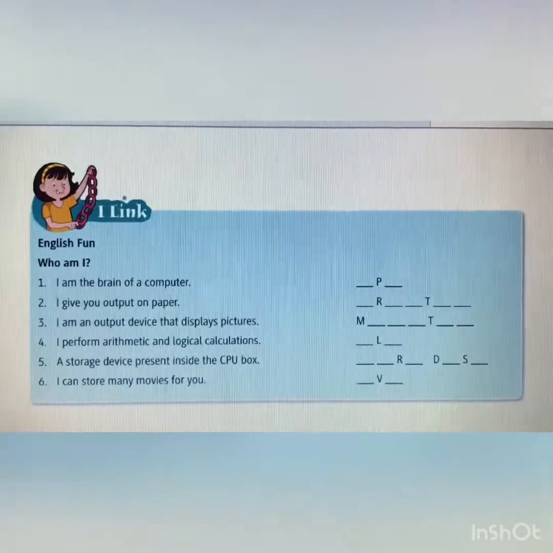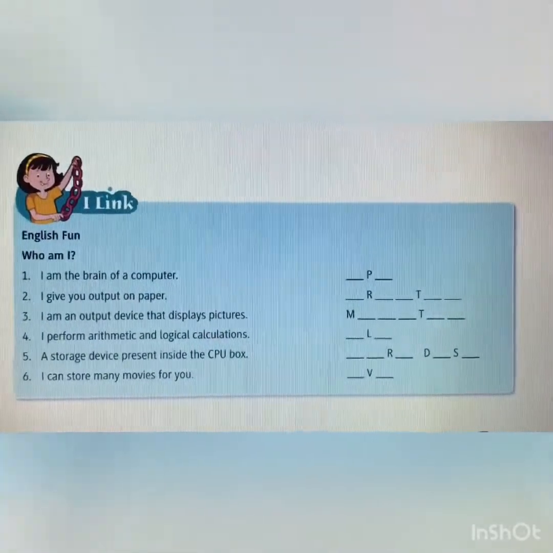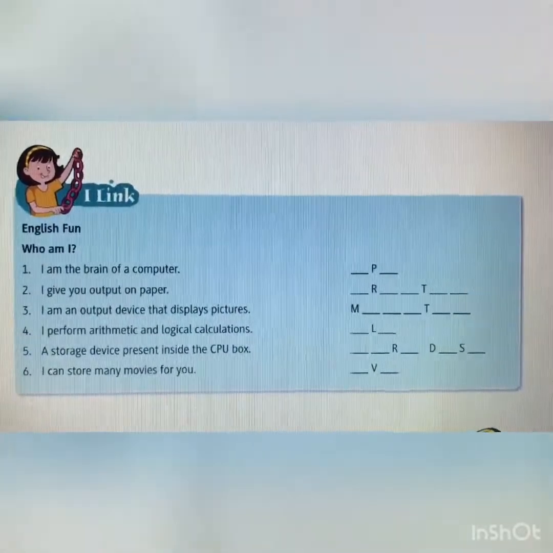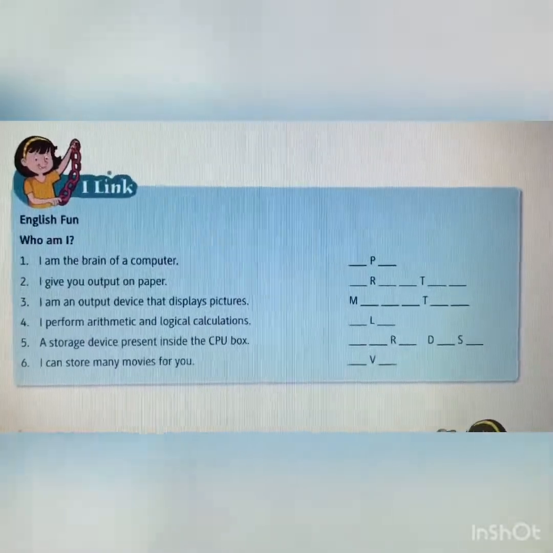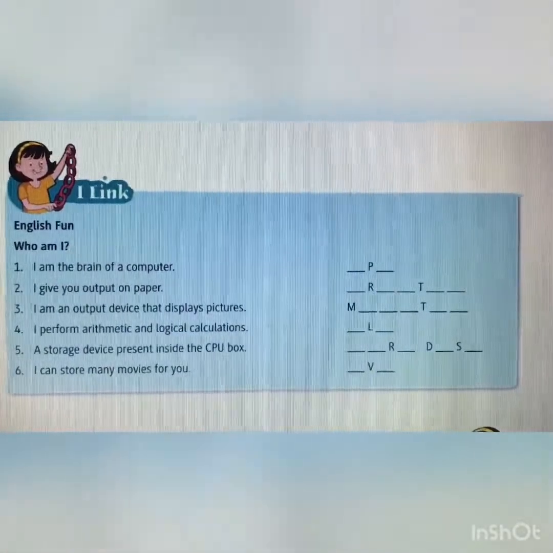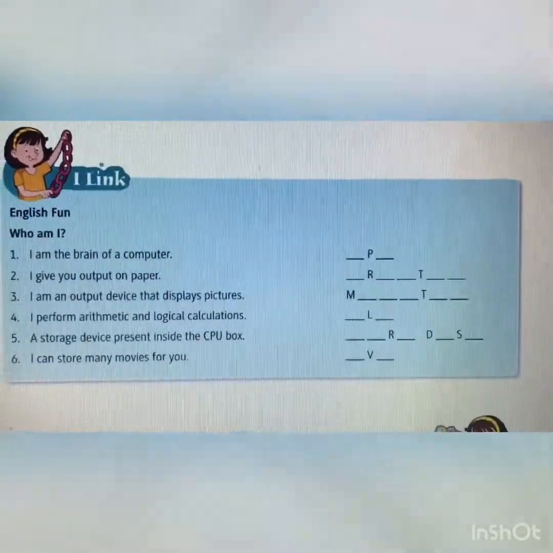Students, now we are going to link our chapter with these questions. You have to find out who am I. The first question: I am the brain of the computer. You all know, CPU. I give you output on paper: printer.